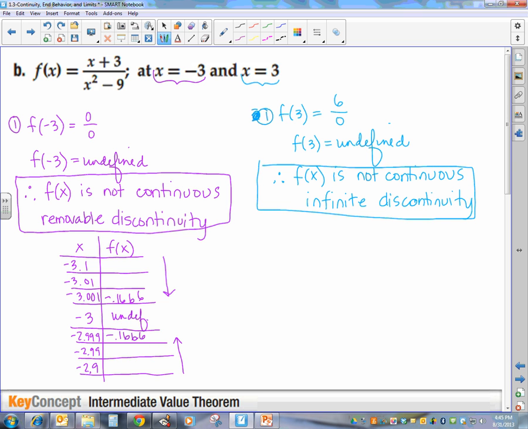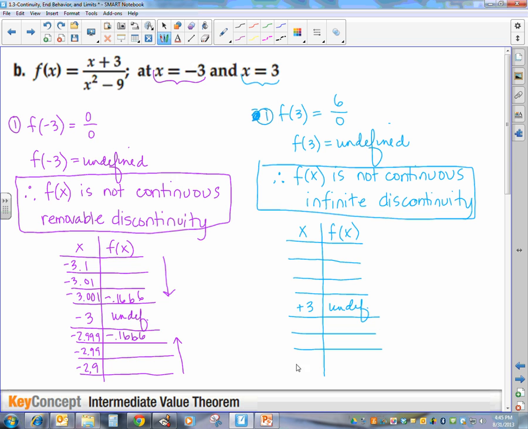But just in case some people want to know what our table would look like, we're going to go look at that, and then we'll stop. If you're good with that, you can stop the video now. If you want to look at the table, just to confirm or get some more practice of what we've been doing, this is positive 3, that's what we're talking about, and it is undefined.